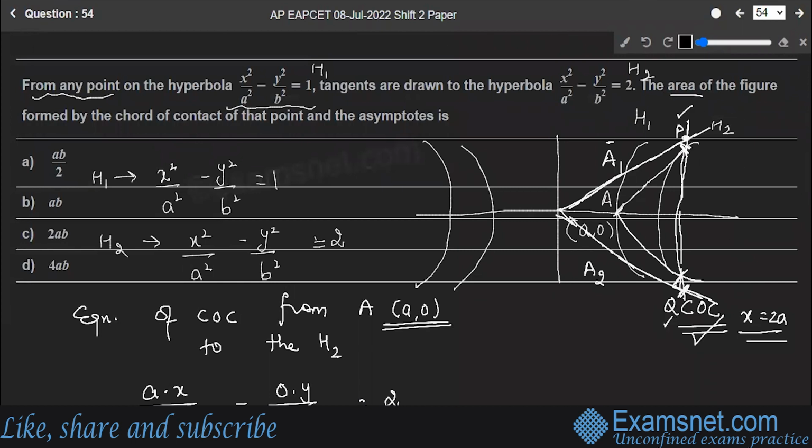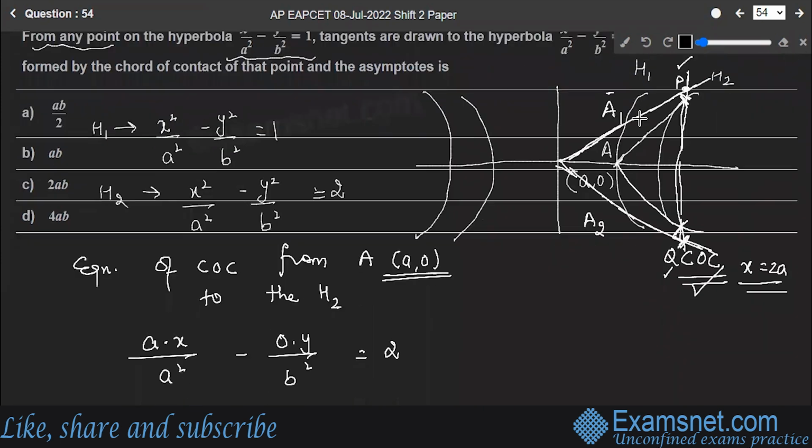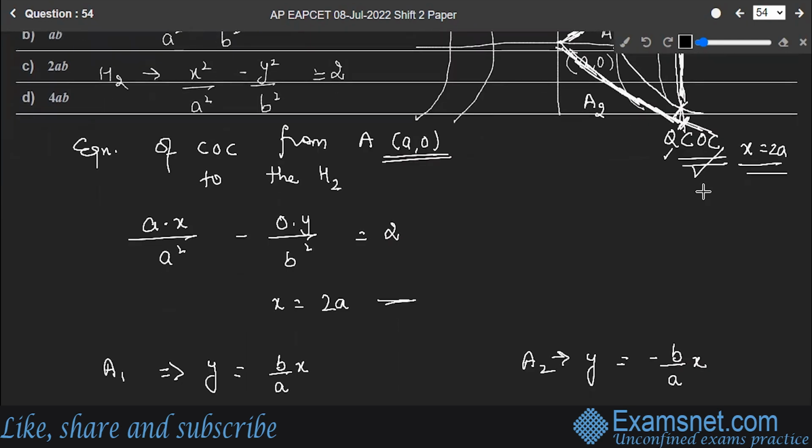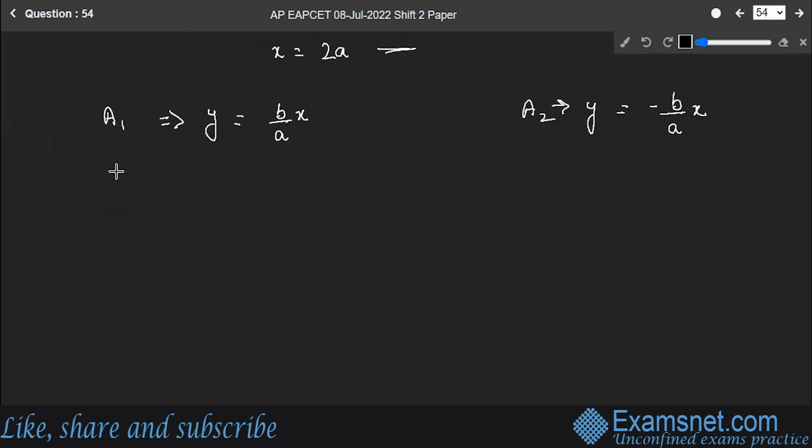Because you have to find out the area of the figure formed by the chord of contact and the asymptotes. This particular area you have to find out, which is made by the asymptotes and the chord of contact. For that, you need to find out the coordinates for P and Q.